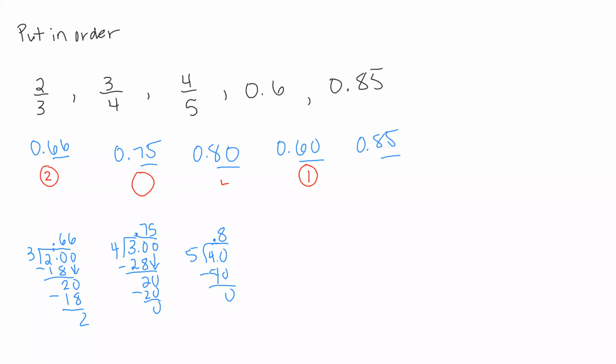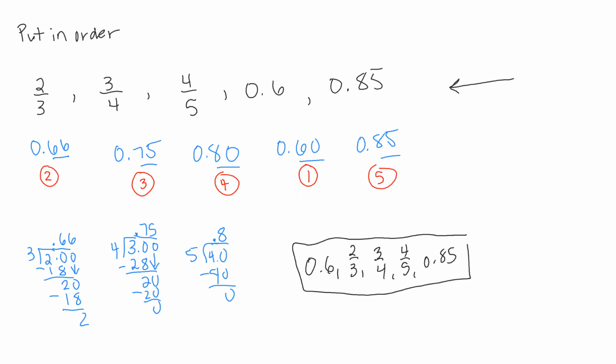I'm destroying it today. And then finally, our largest number is 0.85. So if I were going to put all of these original numbers in order, I would put them like this: 0.6, then 2/3, then 3/4, then 4/5, then 0.85.